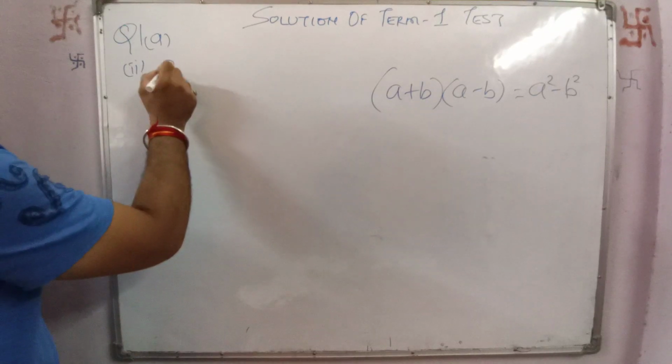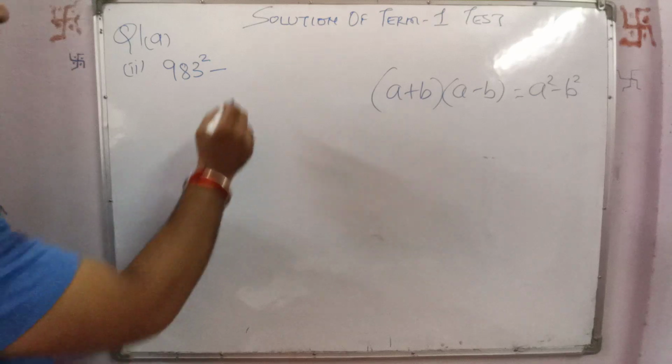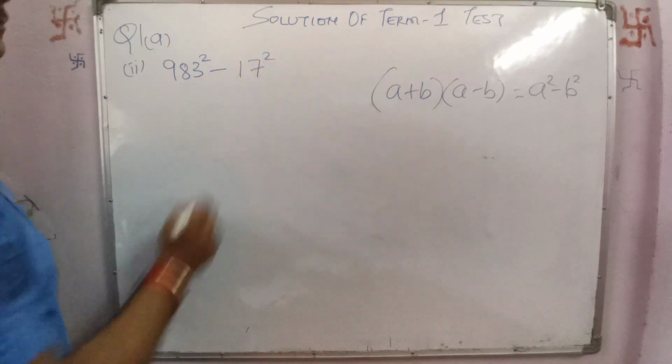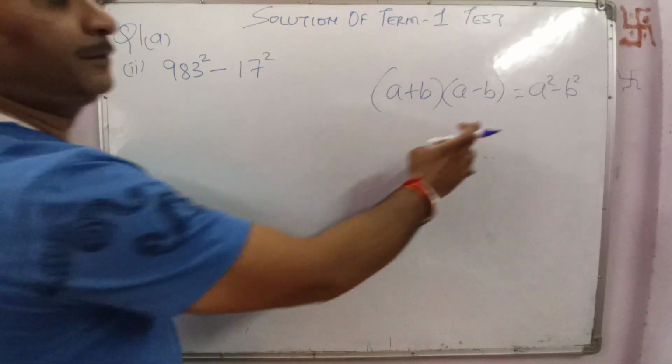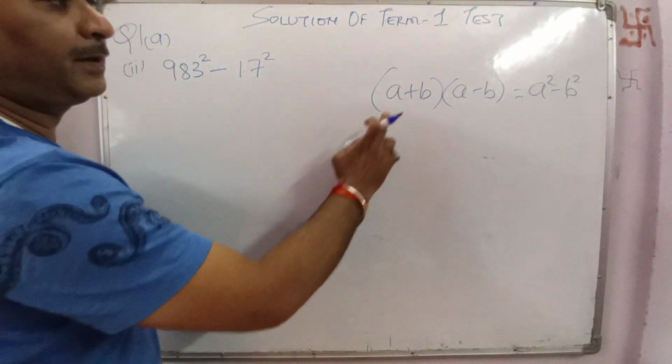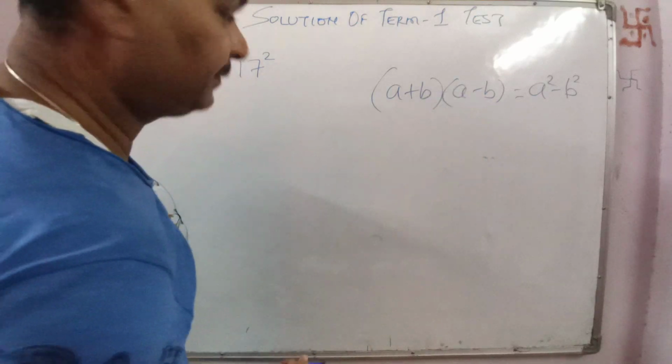Now second part, we have 983 square minus 17 square. Again, it is the reverse of this identity. We have a difference of squares, so we can represent it as the product of the sum and difference of the same numbers.